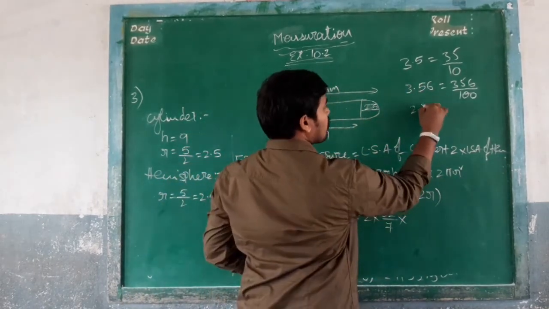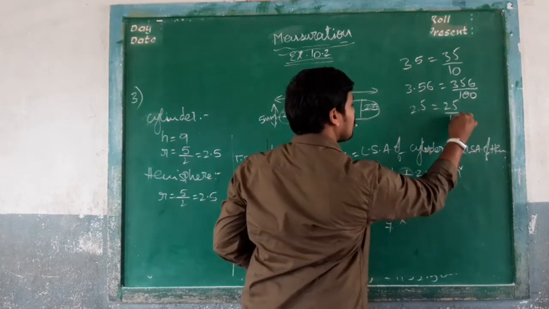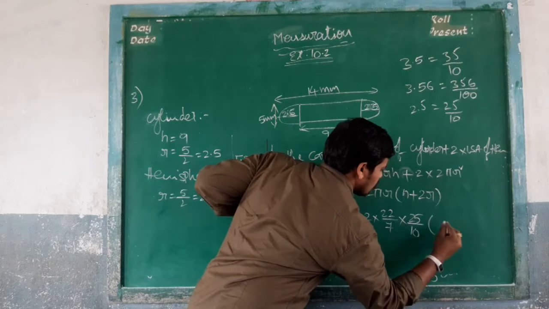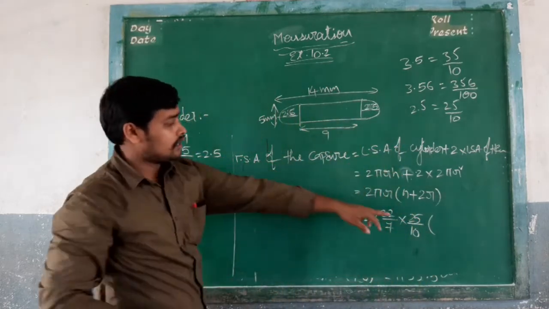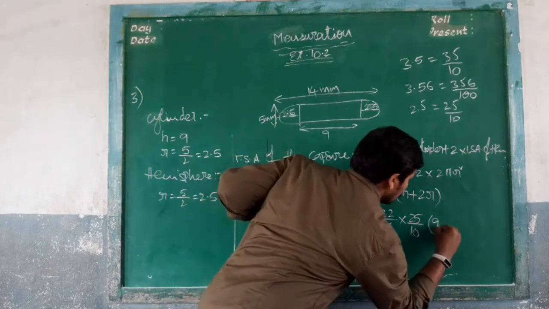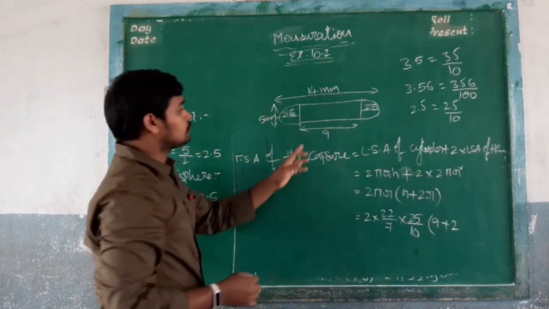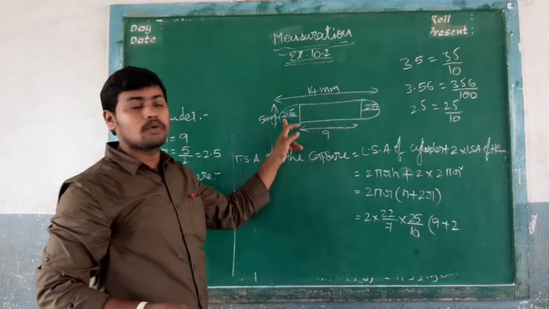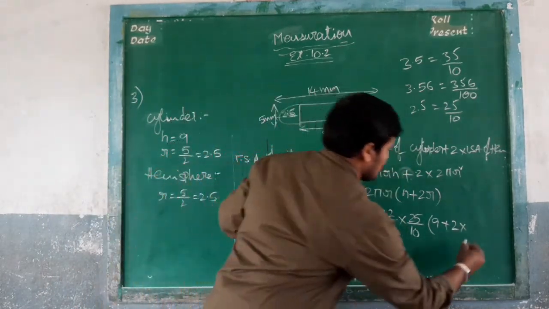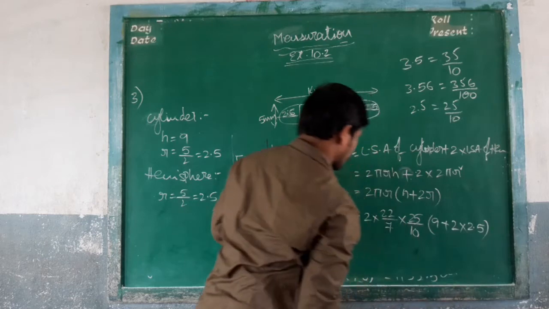Now 2.5 can be written as 25 by 10, into h. H is about the cylinder; cylinder height is 9. 9 plus 2 into the r value. The r value is 2.5, so that is 5.